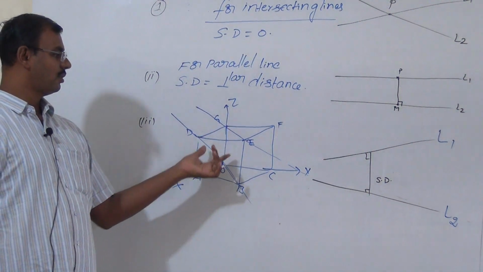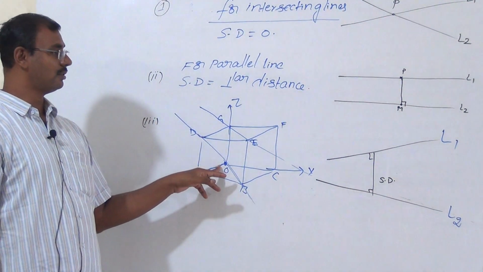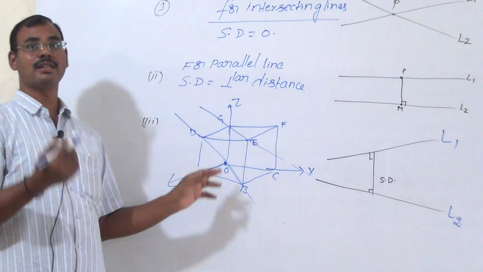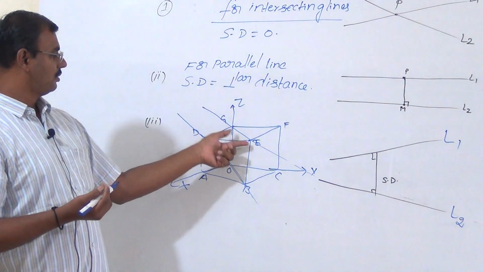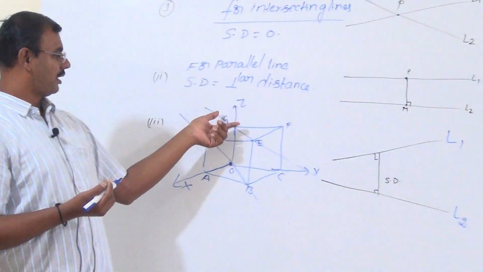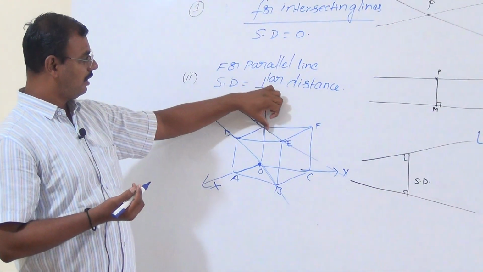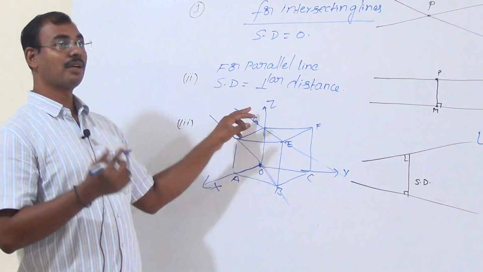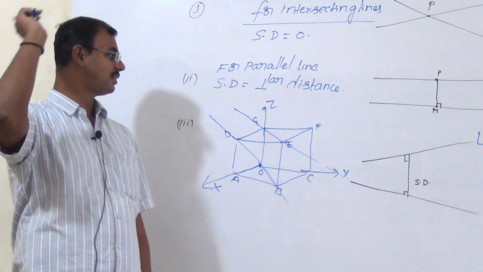So these two lines are neither intersecting nor parallel. Here mainly we can see the example also. One example: the line GE goes, observe here, ceiling corners only. This line joins the ceiling corners.